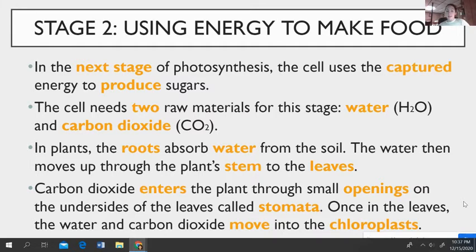Like I said with the diagram, the roots absorb the water, or water can be in the air that goes into the leaf, but it moves up through the stem and into the leaves. Carbon dioxide, because it's a gas in the air, is going to enter the plant through small openings on the underside of the leaves, which are called the stomata. Once that's in the leaves, the water and the carbon dioxide move into the chloroplast, and then the chloroplasts start working through the process to make the food.